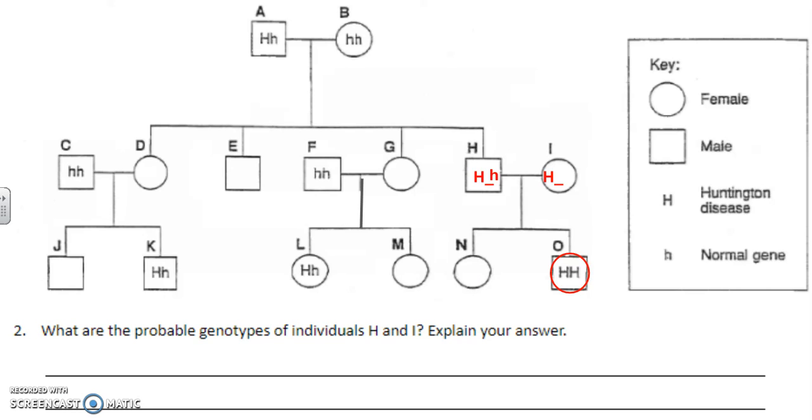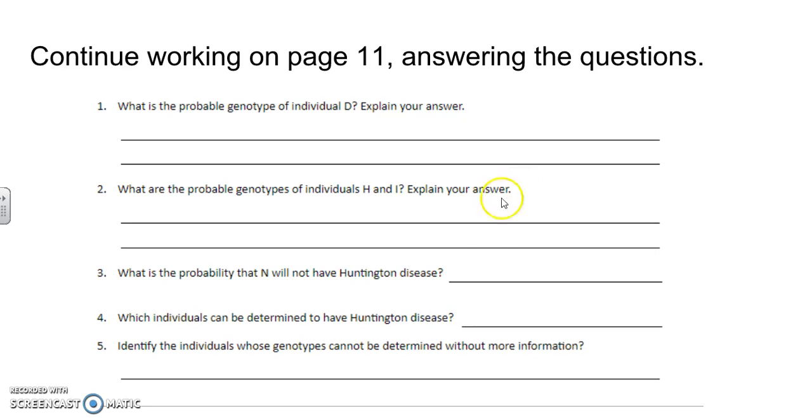So when you're doing your Punnett square, there are 2 possible genotypes. You're going to do one Punnett square with one possible genotype, such as big H, and then do another Punnett square with the other genotype, big H, little h, calculate your percents, and then your probability here is going to be a range.